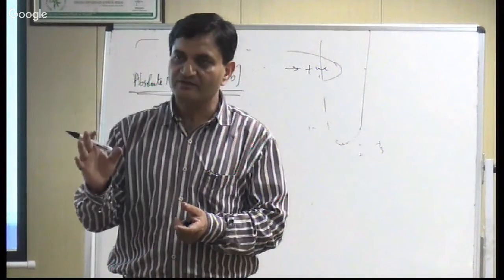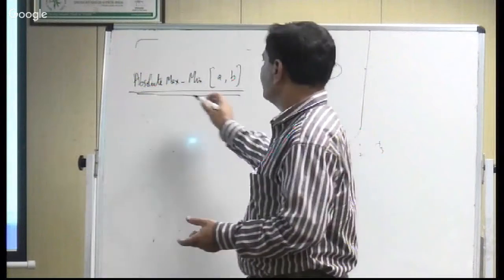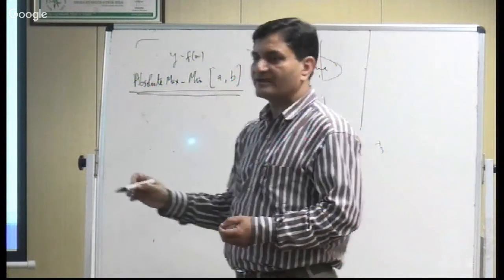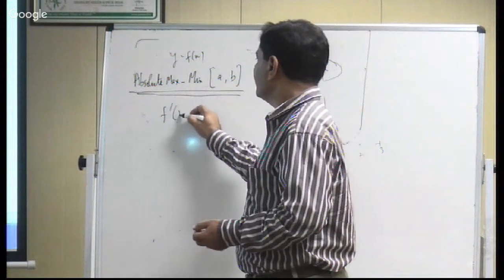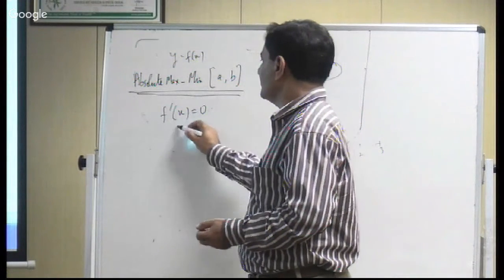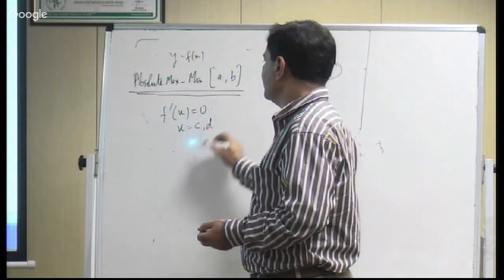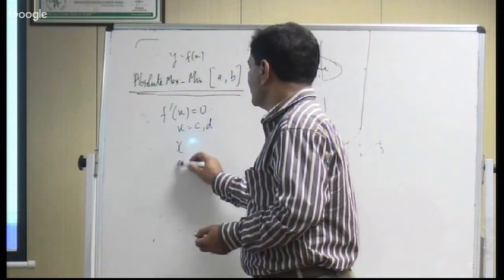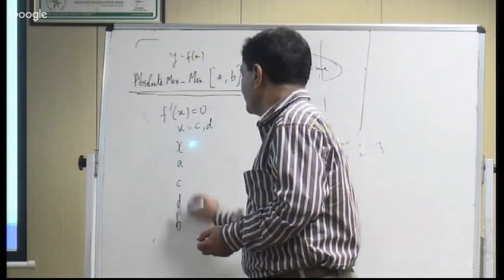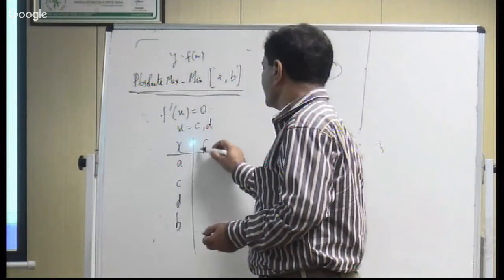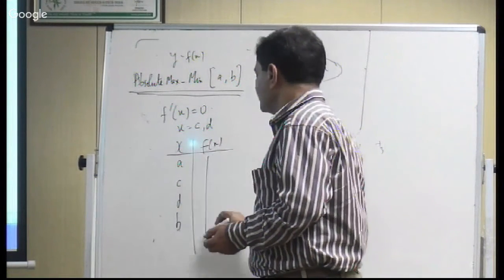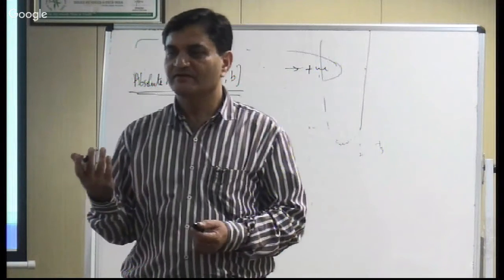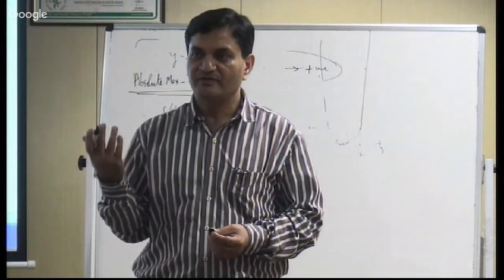So suppose there is a function y equal to f(x), and you find the derivative, equate it to 0, and you get the points c1, c2, and endpoints also you take. So at these points, x equal to a, c1, c2, b, you will find the value of the function. And then just by comparison, whichever is the greatest will be the point of absolute maxima.